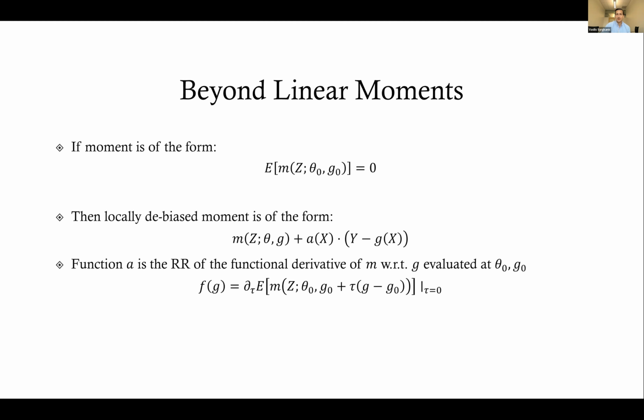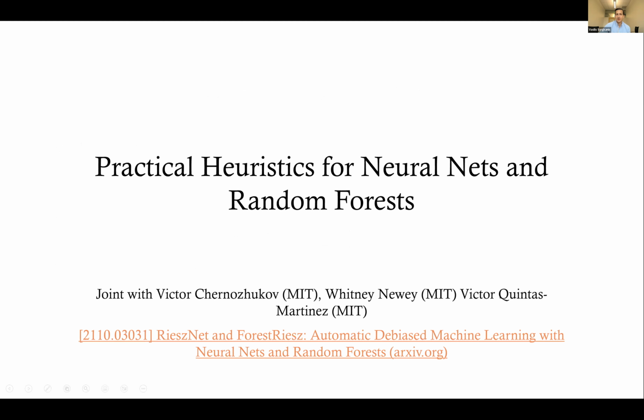Cool. So the next short snippet of the talk is about making this approach practical using neural nets and random forests. We wanted to take it to practice and see if we can do some practical heuristics to improve the vanilla method for these particular types of machine learning approaches.